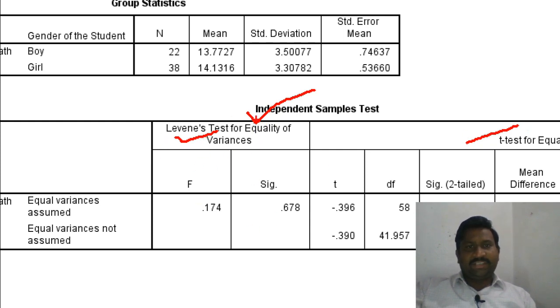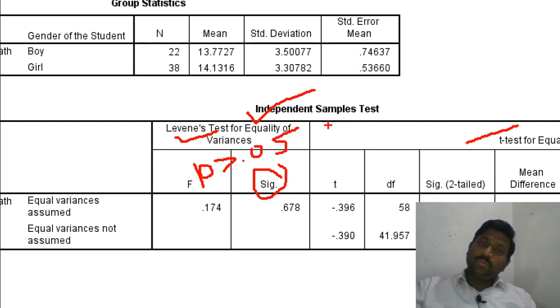First we need to check this significance value. If this significance value, called p, is greater than 0.05, we assume equal variance, the first row.